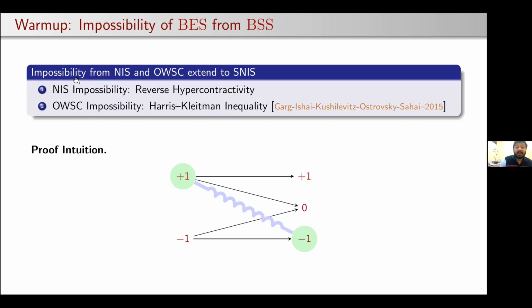And remember, secure non-interactive simulation is a stronger form of non-interactive simulation where we additionally insist on security. In fact, it is also a stronger version of one-way secure computation where we also insist that parties do not communicate with each other. So these impossibilities naturally carry over to our context.